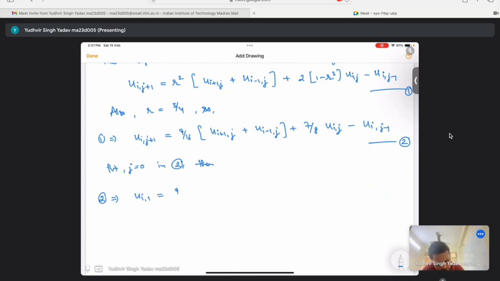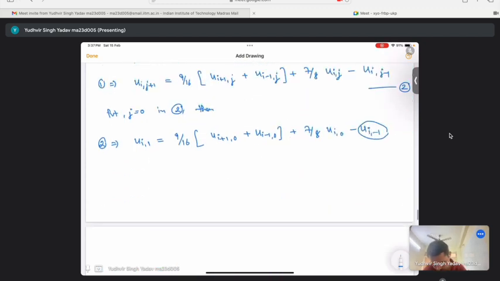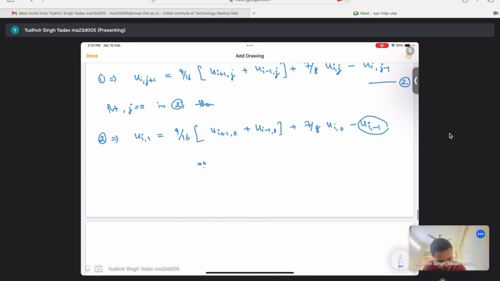u_i^1 = 9/16 times (u_{i+1}^0 + u_{i-1}^0) + 7/8 u_i^0 - u_i^{-1}. For this term, we will use the initial condition based on this relation. Therefore, we are using u_i^1 = u_i^{-1}.